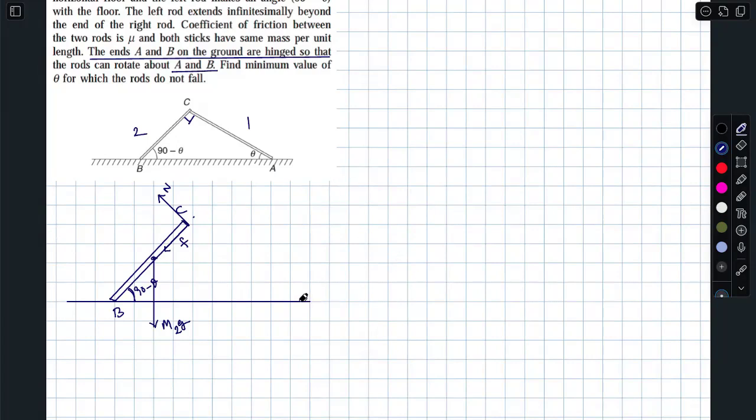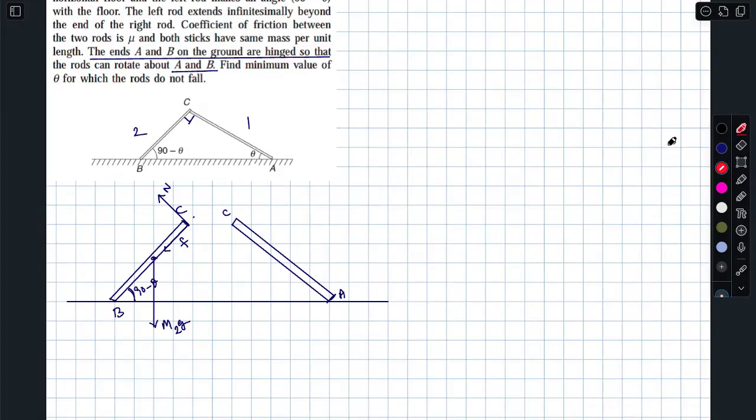Remember, this is the free body diagram of BC. Now I am drawing the free body diagram of CA.